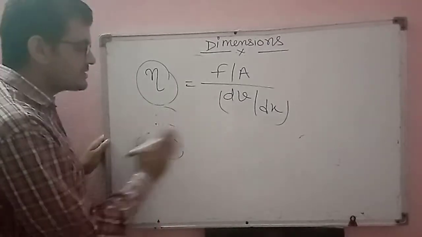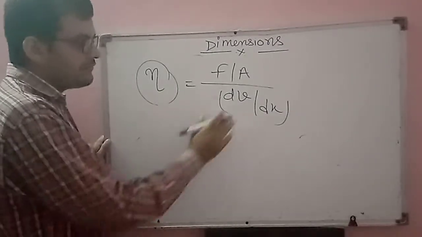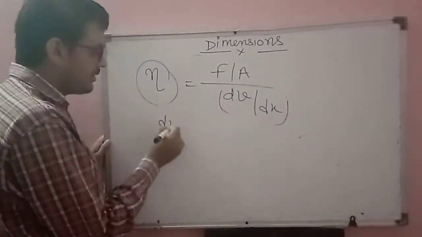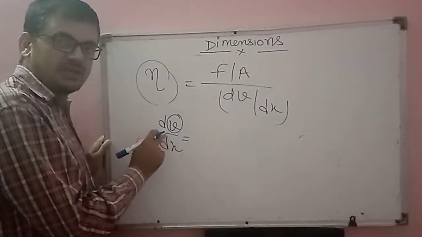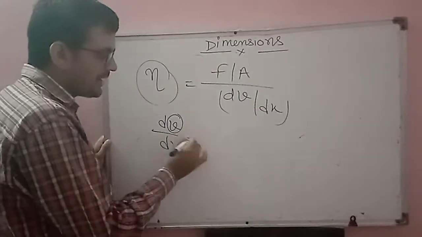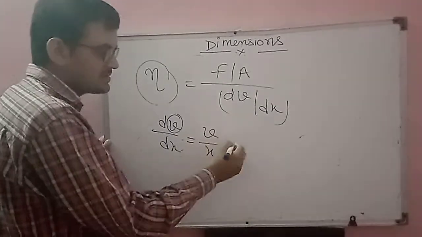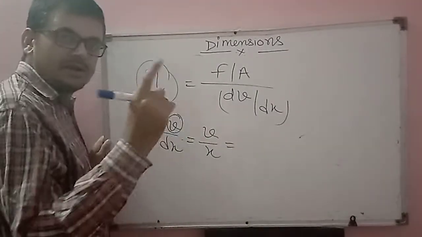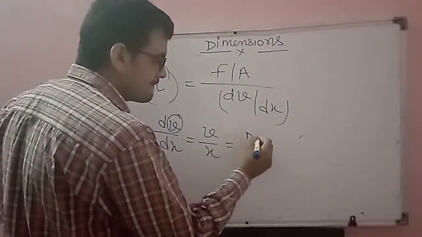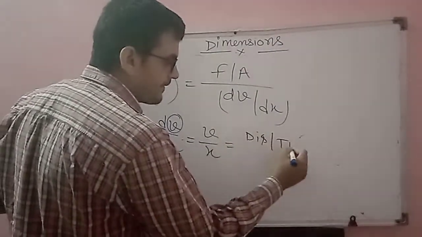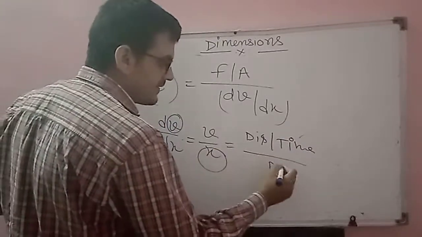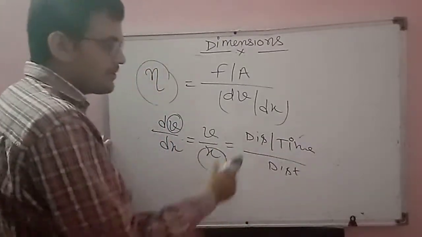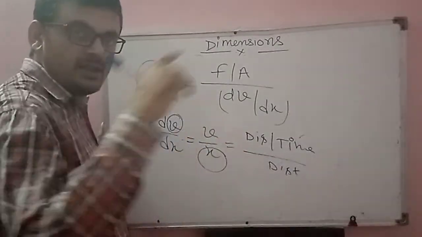So student, for simplicity, I am finding the dimension of dV over dx first. What is dV? Change in velocity. You simply write it v over x. Velocity upon distance. Student, what is the velocity? Displacement upon time. What is x? Distance. Displacement means length.